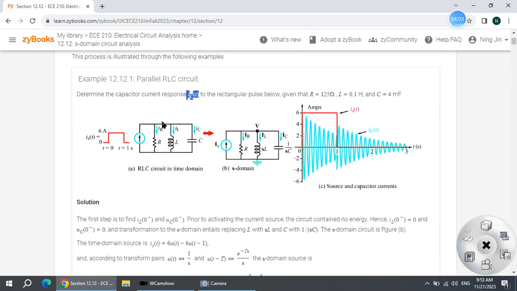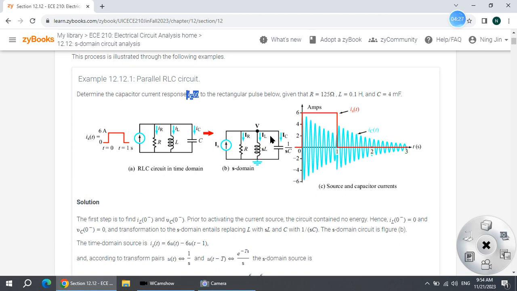Now how do we do it? First step, we draw the circuit again and change these three currents, IL, IR, IC, from the time domain to the S domain. You just change the lowercase i to capital I. That's it.